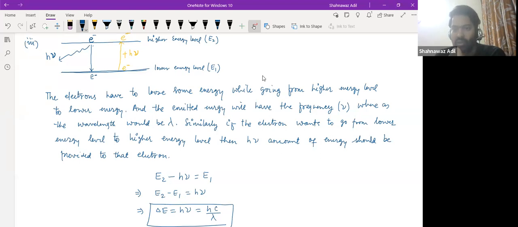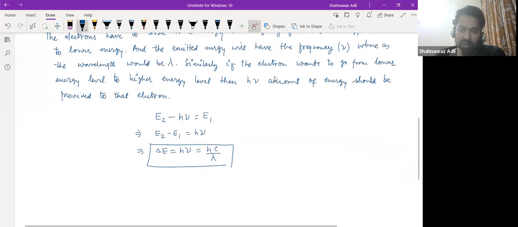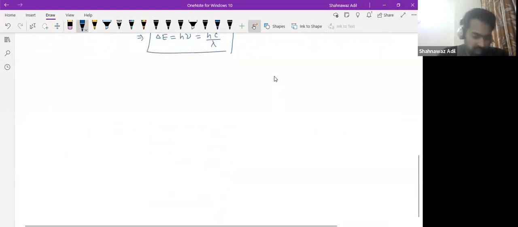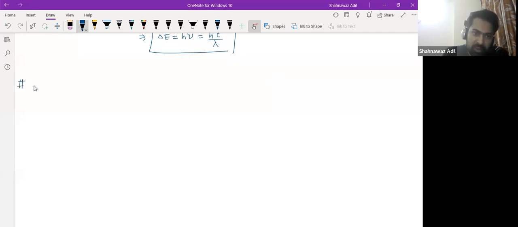Okay, so let us find out every physical parameter, the attributes of hydrogen-like elements.